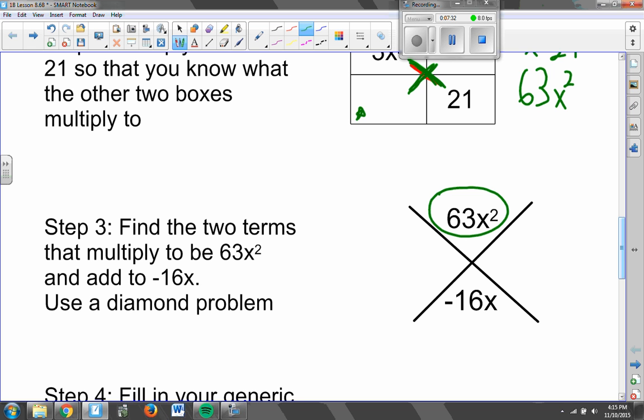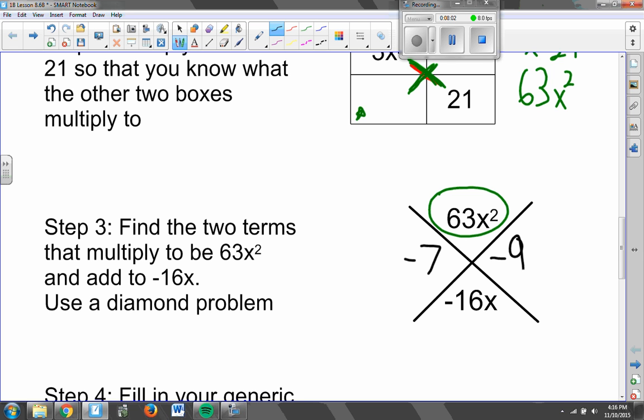So we'll solve this diamond problem to find the two terms that multiply to be 63x squared and add to negative 16x. Okay. Now, multiplying to be 63, adding to be negative 16, I think both of them need to be negative, so that they add to a negative but multiply to a positive. So I know they'll both be negative, and factors of 63 would be, let's see, 1 and 63 won't work. 3 and 21 won't work. 7 and 9, that will work.